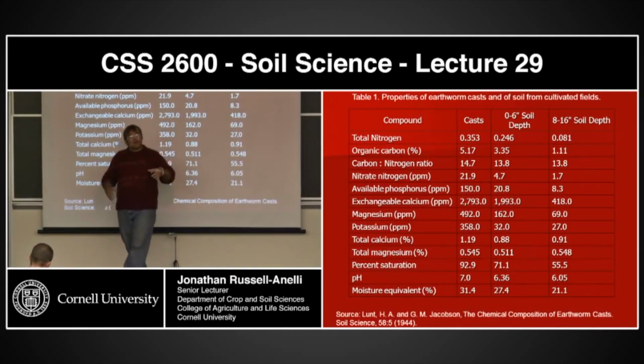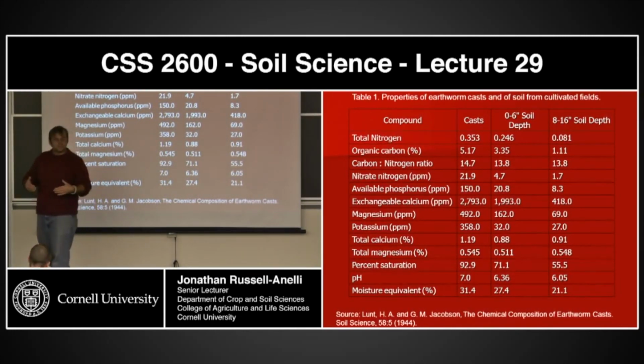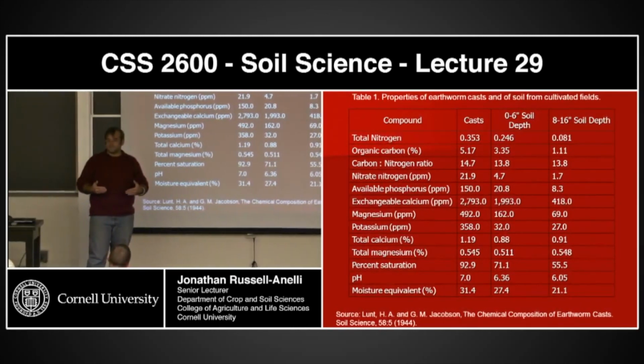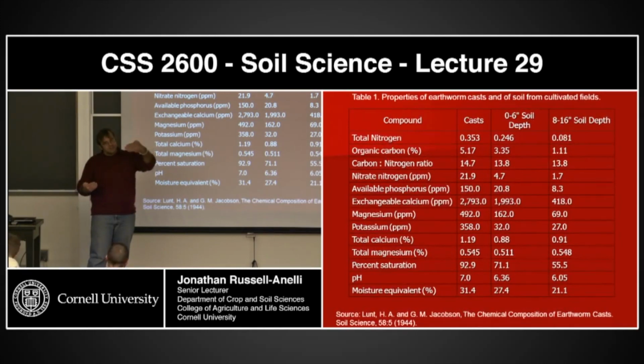Now, I started the last lecture talking about plants and the rhizosphere. The point of that slide was to say we're looking at a system where the plants are supplying stuff to the bacteria, and the bacteria in turn are supplying things back to the plants.